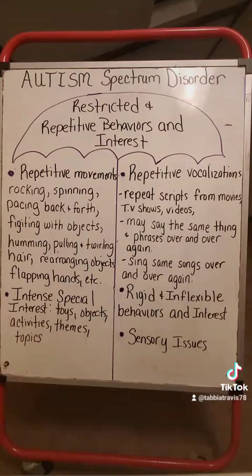And it could also be responsible for why a lot of people on the spectrum are very picky eaters because of the sensory sensitivities that they have to various foods. They may not like a food because of its color, because of its smell, because of its texture. So these are just some of the common things that you might see with children or individuals in general on the spectrum.